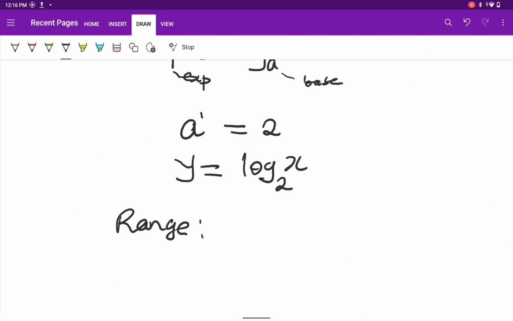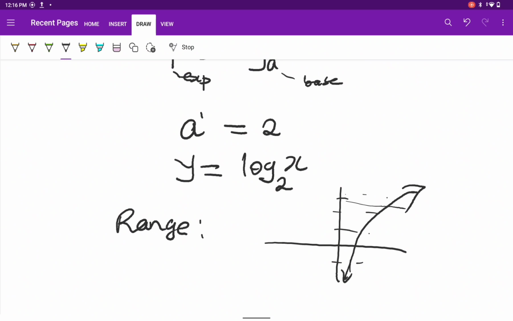With the range, if you look at our function, any y value is defined. So we'll say y takes all the values. So y is an element of real numbers for the range. The range of any logarithmic function, whatever value of y will give us an answer.